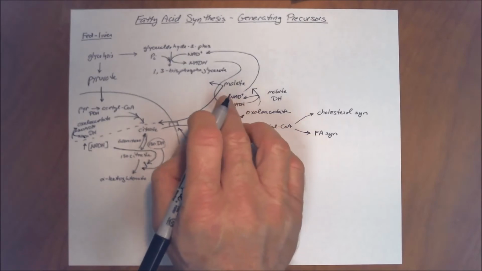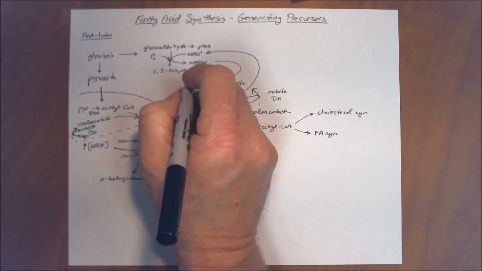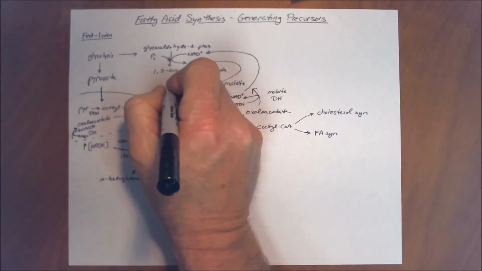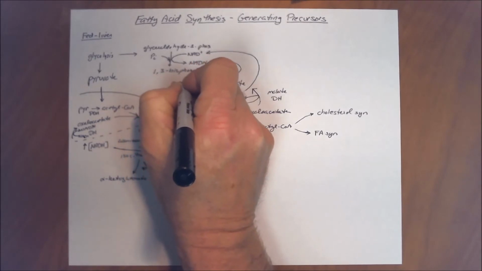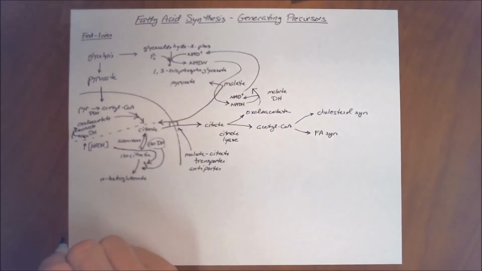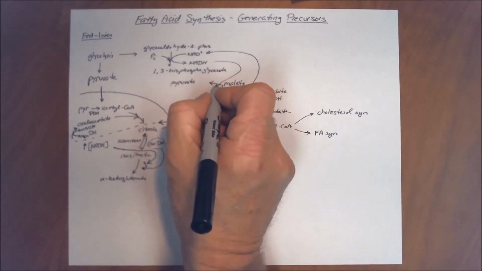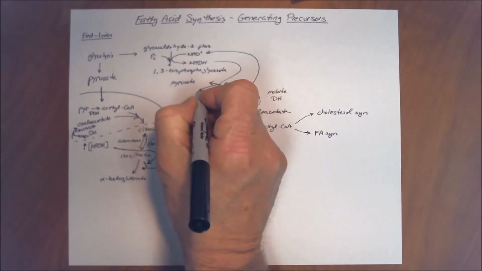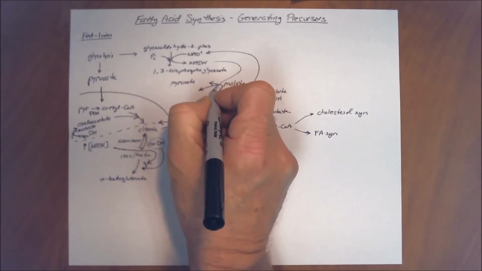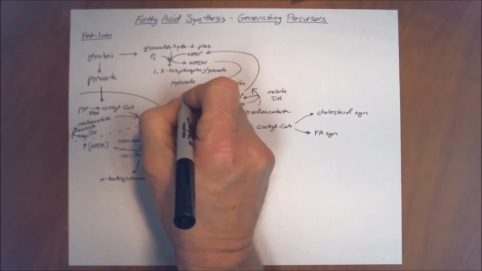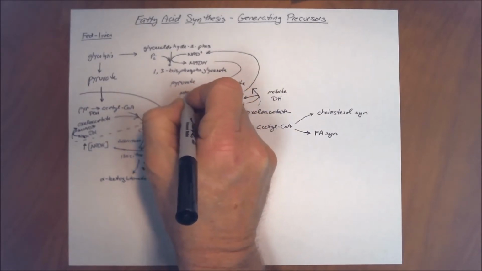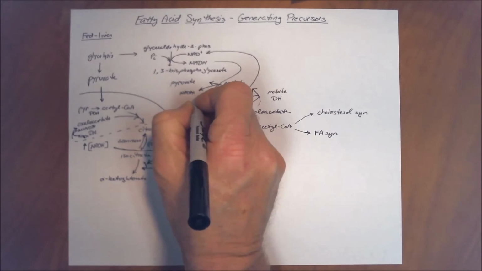Now the other fate of malate is to convert malate into pyruvate. This is going to generate NADPH.